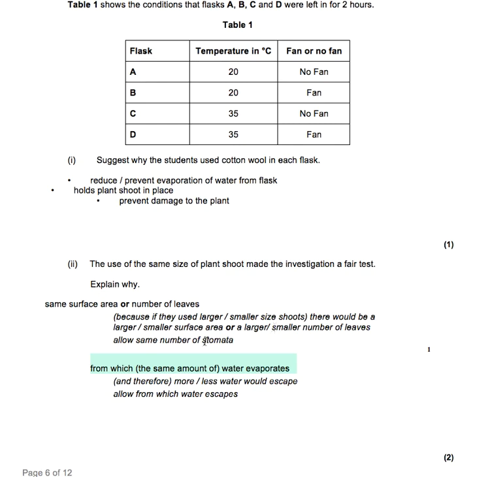You'll have the water evaporating from the same surface area in each case. So what you're doing up here then, changing the temperature between these two and these two. And within each temperature, you have either fan or no fan. So you're looking at the effect of changing the temperature on the rate of water loss and whether or not adding a fan changes that.